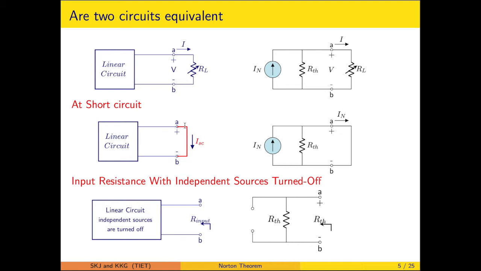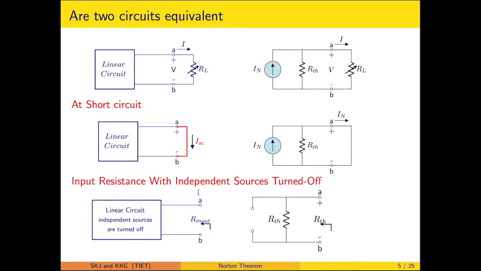During the short circuit, the load is disconnected and the terminals are short circuited, so it will carry the short circuit current. If we make the short circuit here, this resistance will be 0, so the whole of the Norton current is going to pass through this branch. That current is equal to the IL.